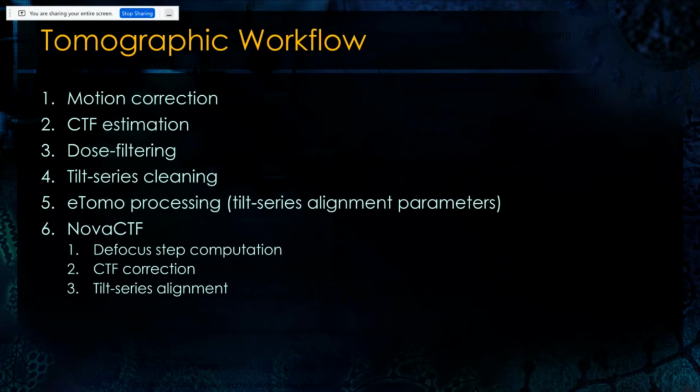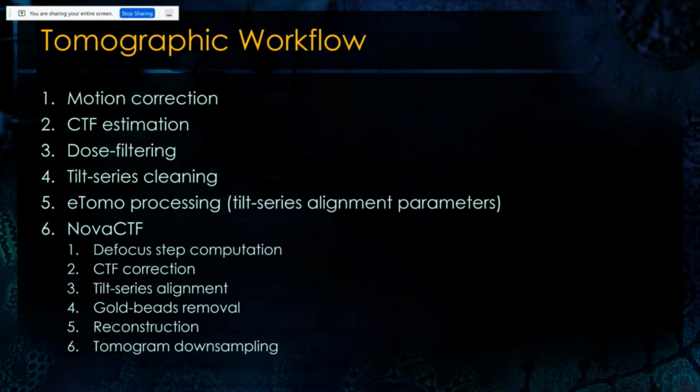We do the tilt series alignment only after this, using the parameters established in step 5. If we have gold beads, we remove them. Then we do the reconstruction with the 3D CTF correction, on unbinned data, and we also directly produce the binnings that we need.